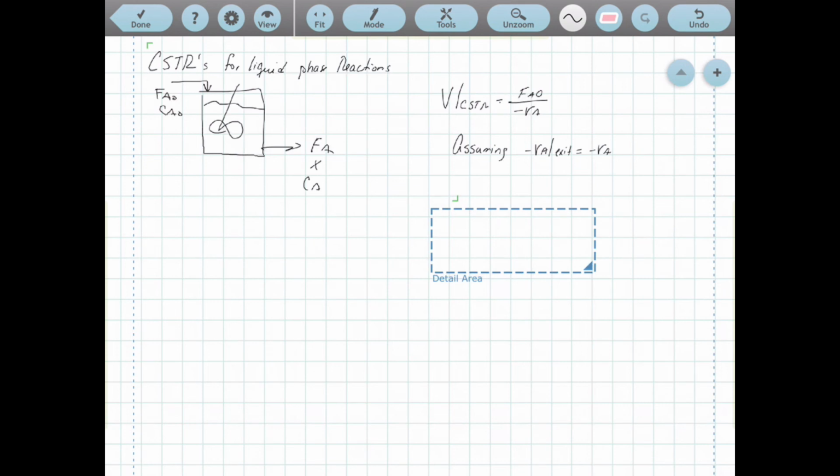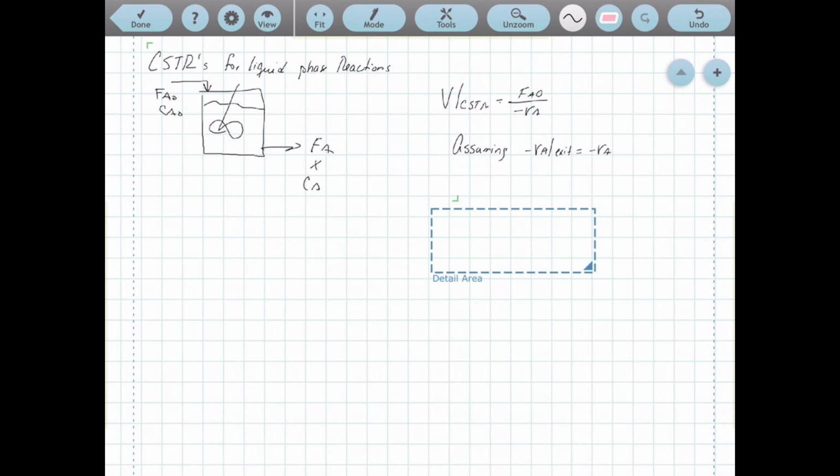Remember that for a CSTR, we're always assuming that the exit stream is operating at the rate inside. So besides knowing the volume of the reactor, we are also very interested in getting the characteristic time, tau, that we discussed before, as a function of conversion.